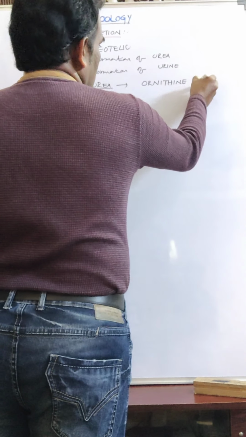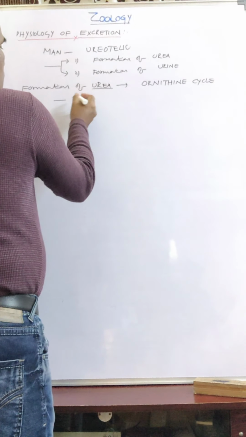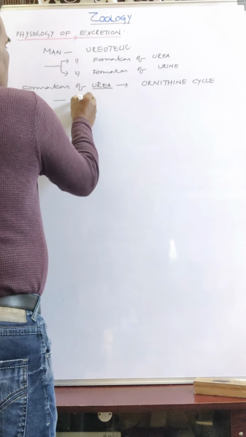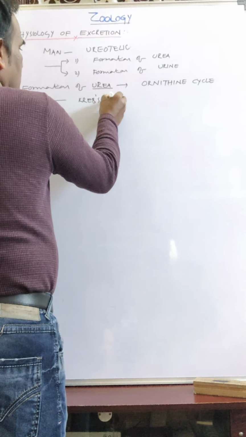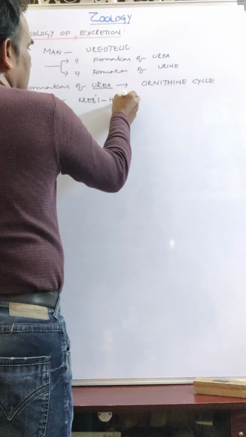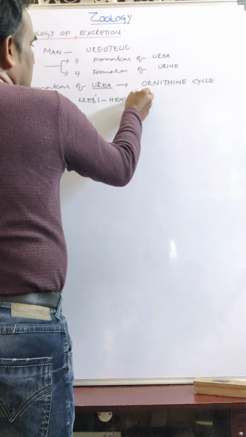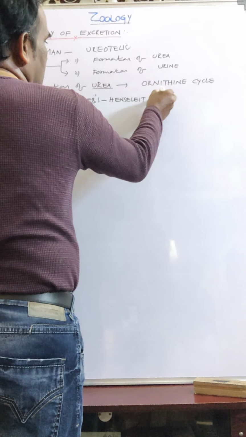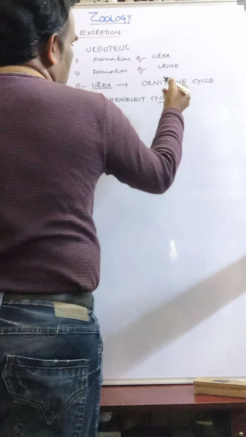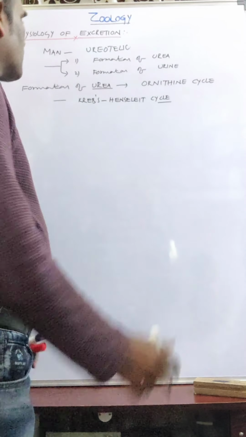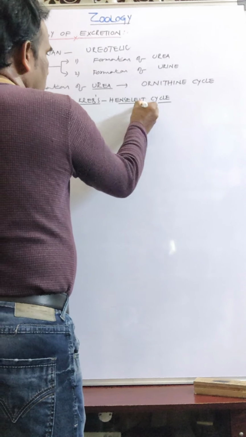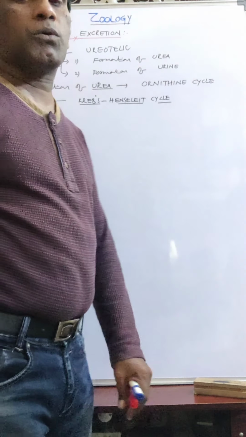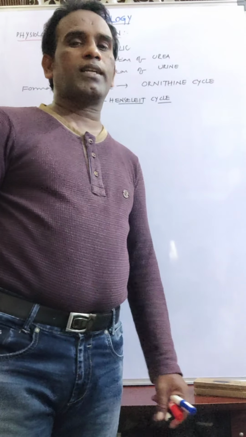It is also known as the Krebs-Henseleit cycle, because Krebs and Henseleit are two scientists who studied this urea formation cycle.